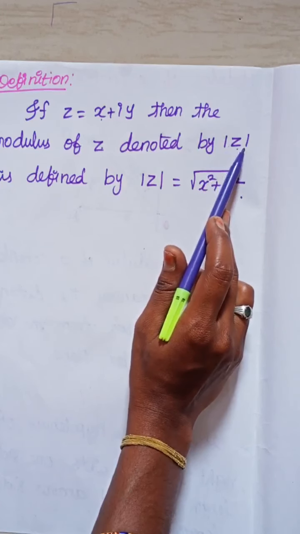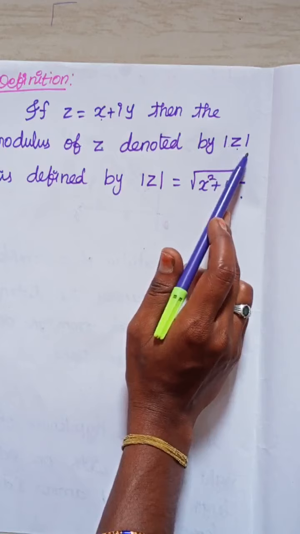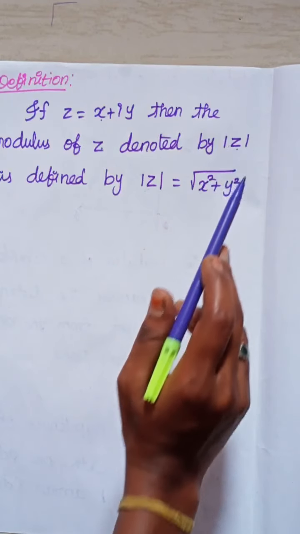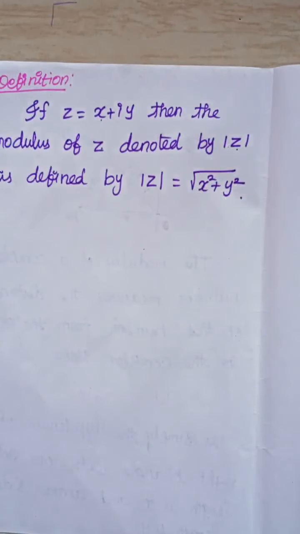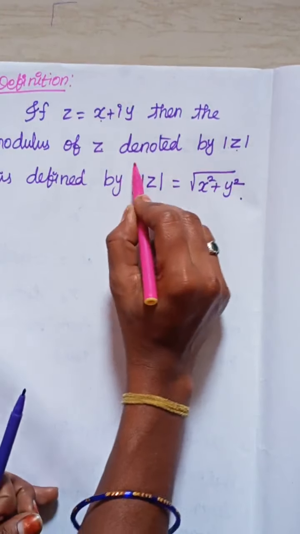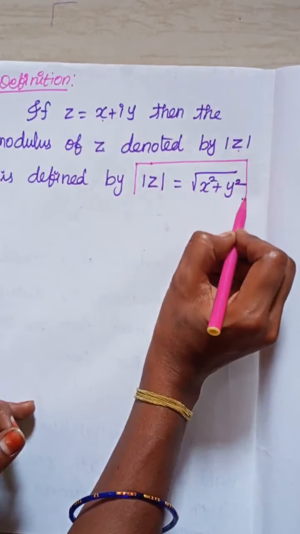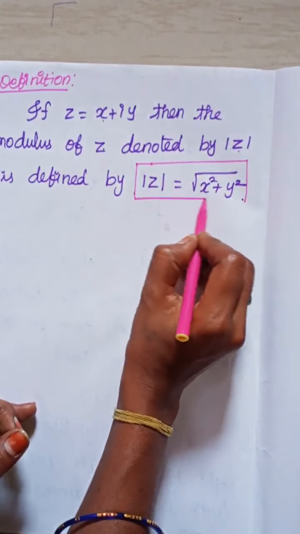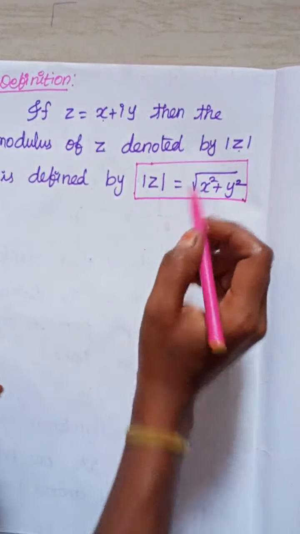So we can write it as the given complex number taken in modulus bars, and the length is given by square root of x square plus y square.